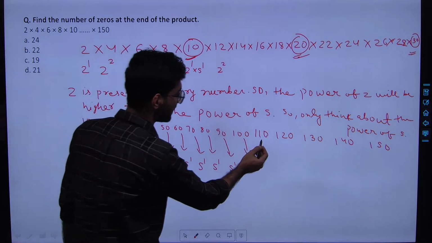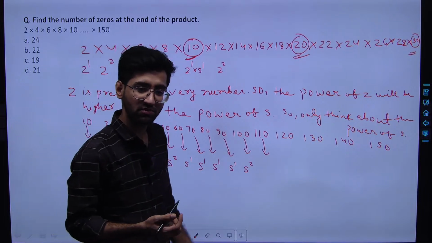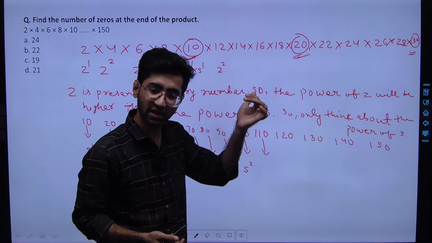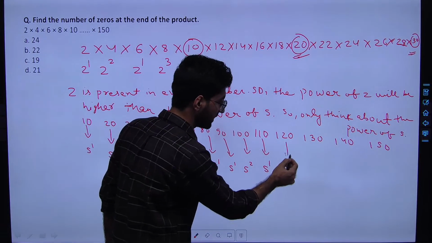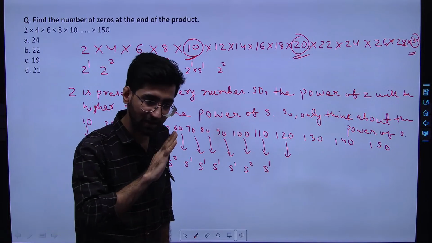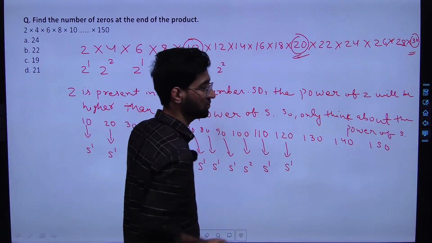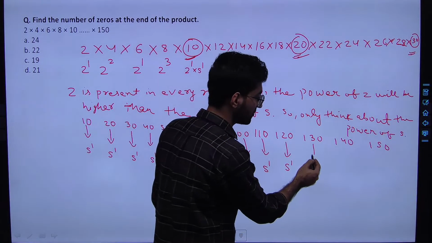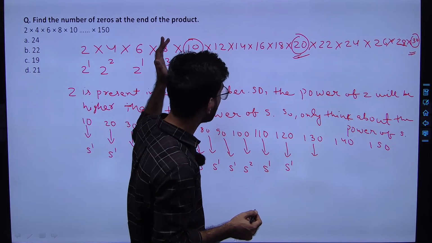Right? Now 110. You can write 110 as 5 into 22. In 22 there will be 2 into 11. And in 5, so there will be one 5. You can write 120 as 5 into 24. In 24 there will be no 5. So there will be one 5 in this case, 5 into 24. Then you can write 130 as 5 into 26. See, you can solve this question.